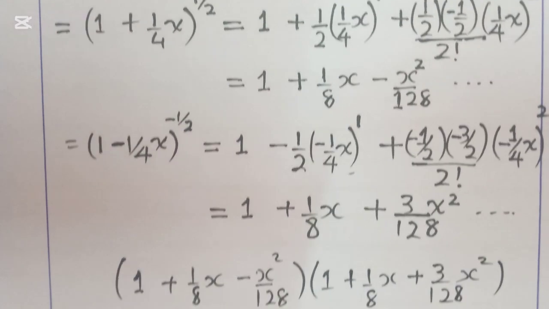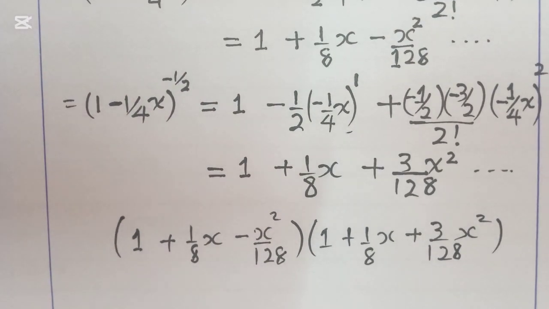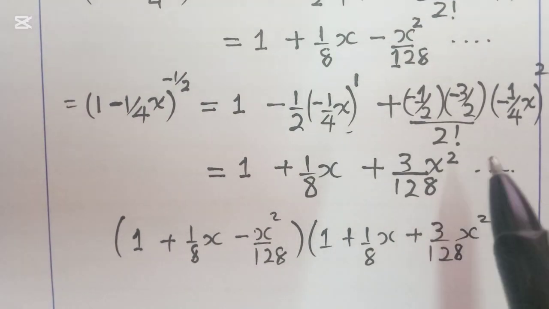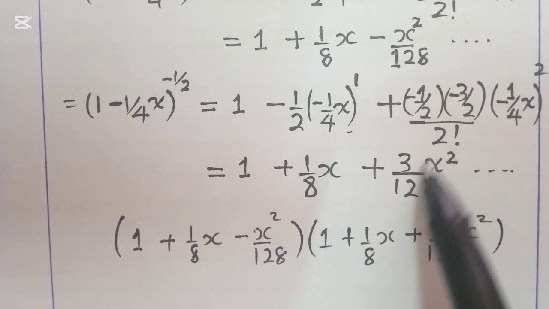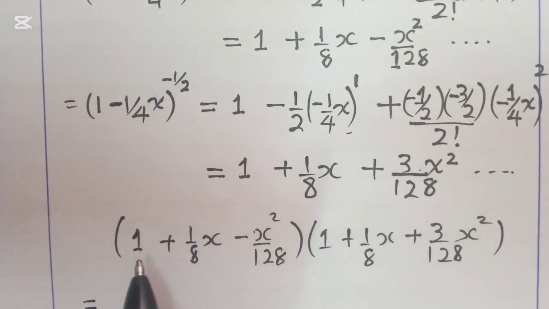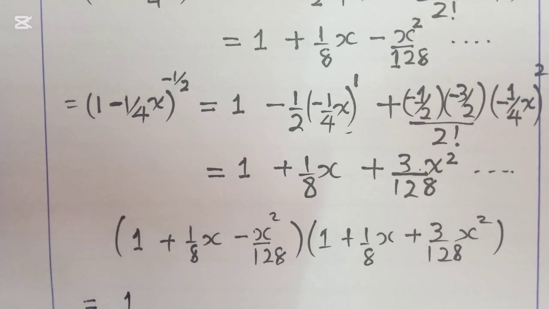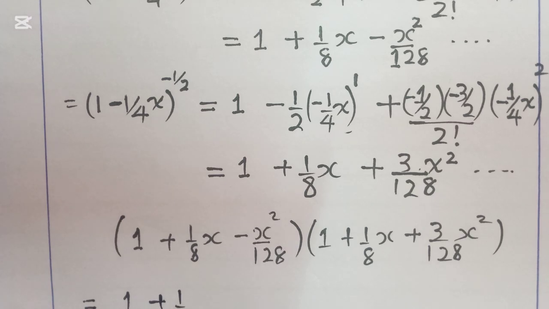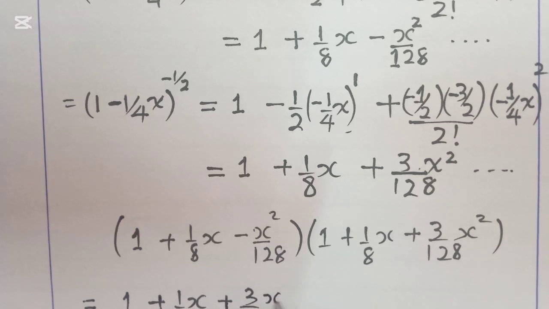Now guys, we are supposed to write up to the third term. And so if it is that term, guys, we are going to reach up to x squared. So anything else above x squared, we leave it. So when we come here, we multiply. 1 multiplied by 1, we have 1. 1 multiplied by 1 over 8, that will give us 1 over 8 x. 1 multiplied by 3 over 128, so I'll have plus 3 over 128 x squared.